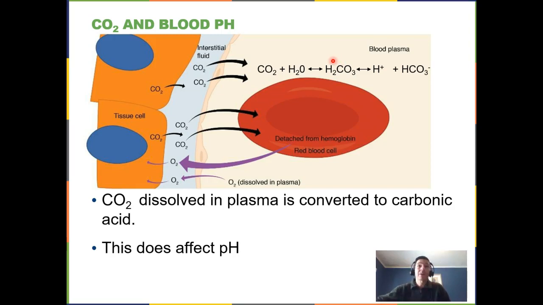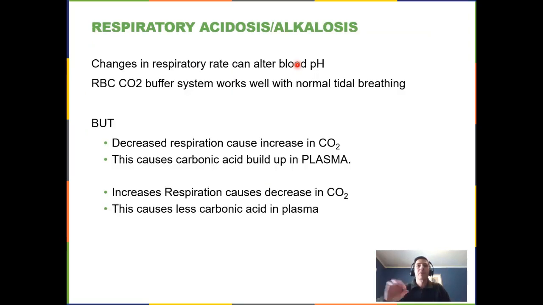However, because this CO2 forms carbonic acid in the plasma where there's no hemoglobin to absorb this hydrogen ion, this CO2 can affect the pH of your bloodstream. And because your respiratory system affects CO2 levels, your respiratory rate can affect your blood pH.